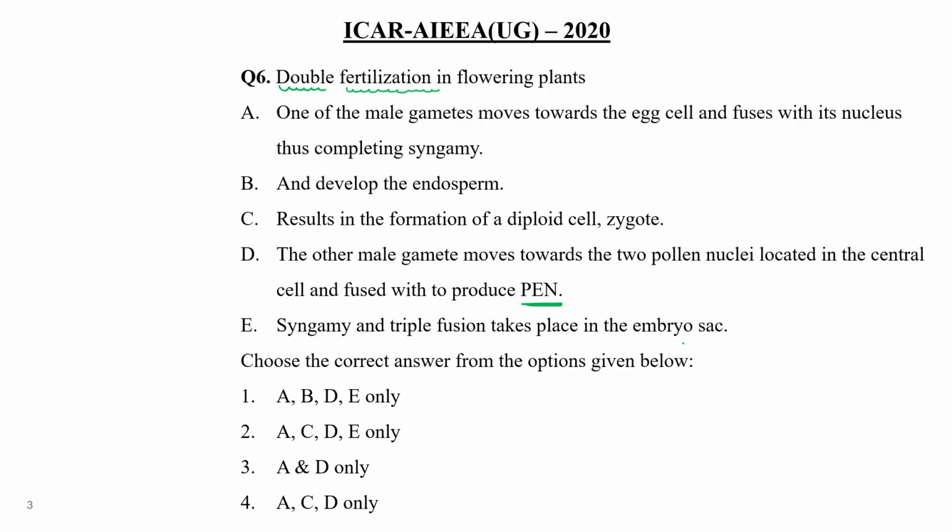So they want to know which one or more than one statement is correct, about double fertilization in flowering plants or angiosperms. Take 5 seconds, and after that we will discuss the correct answer.